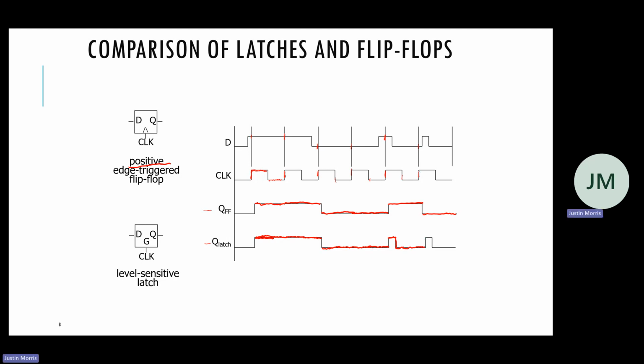Then here, clock is 1 again, and there's a little bit of 0 because we're transparent. We stay 0. Once D changes to 1, we change to 1. But D changes to 0 and clock is still 1, so we change back to 0. And then once clock becomes 0, we hold that 0.